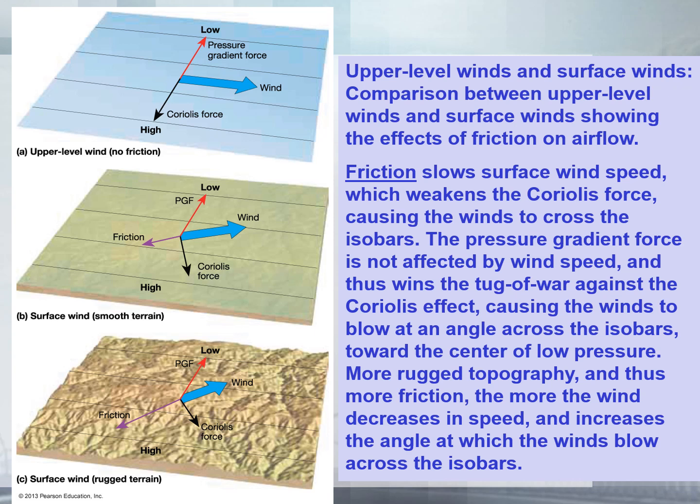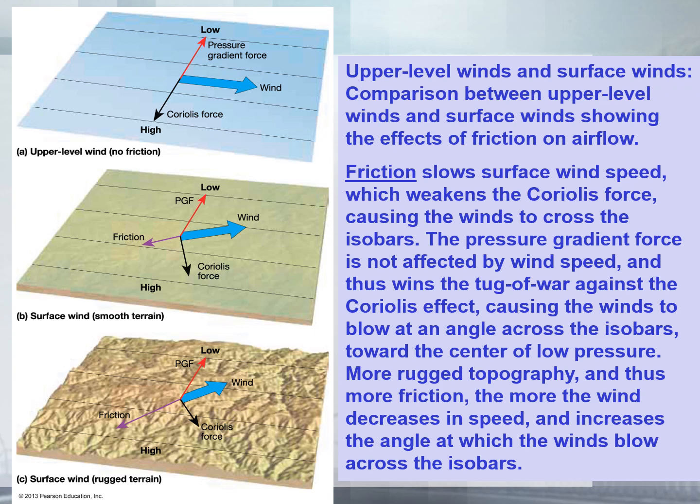So friction slows surface wind speed, weakening the Coriolis force, causing the winds to cross the isobars. The pressure gradient force is not affected by wind speed, and thus wins the tug of war against the Coriolis force, causing the winds to blow at an angle across the isobars towards the center of the low pressure. More rugged topography and thus more friction, the more the wind decreases in speed and increases the angle at which the winds blow across the isobars.